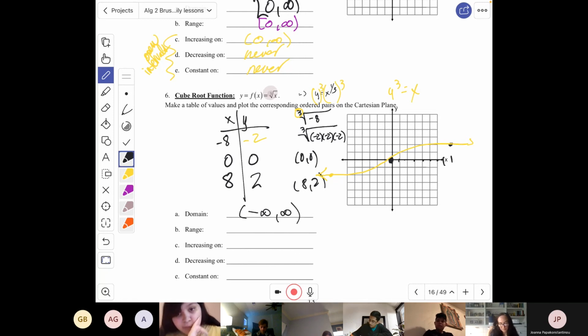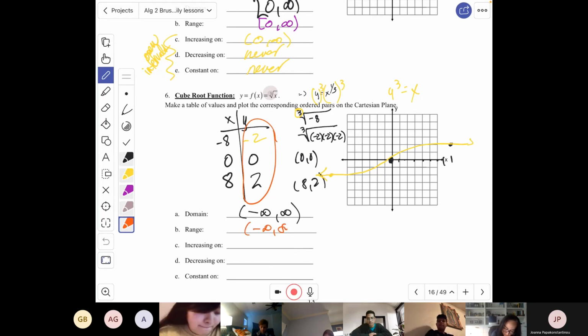What about the range? Again, for the range, investigate the y values. What y values does the graph of this function take on? It takes on all real numbers.